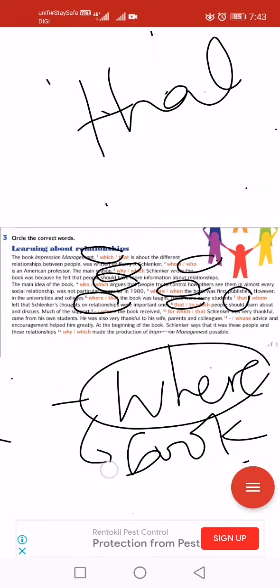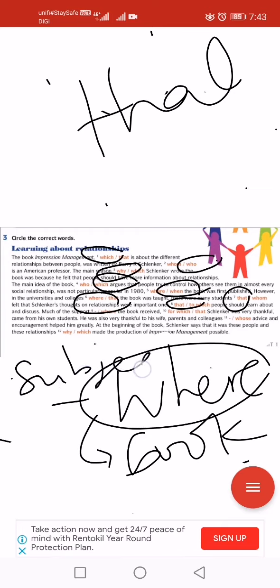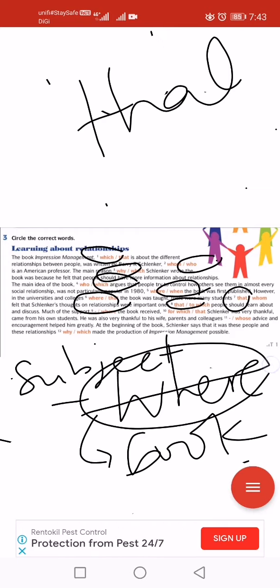It is actually the object of the clause. So it's not talking about the subject of the clause. So here, remember there's a rule that if it's the object of the clause, you can throw away the relative pronoun. So here, you can throw it away.